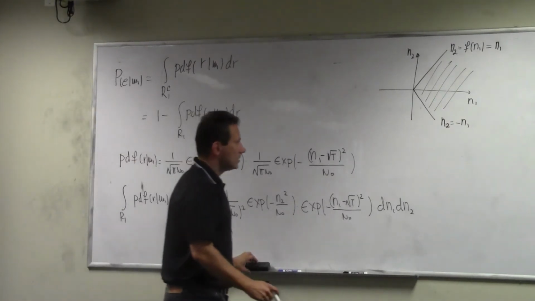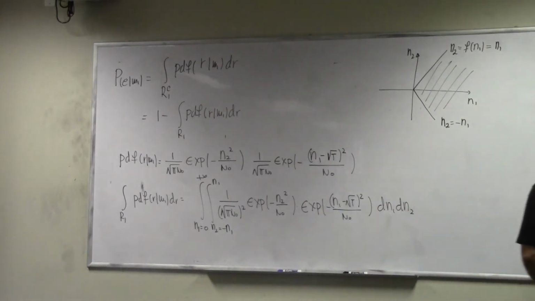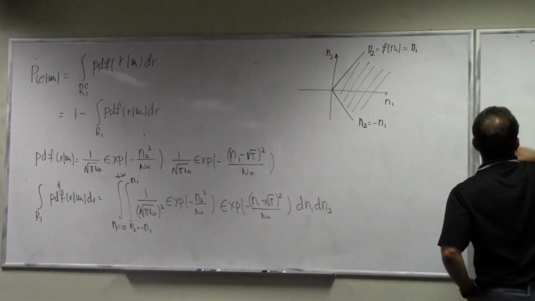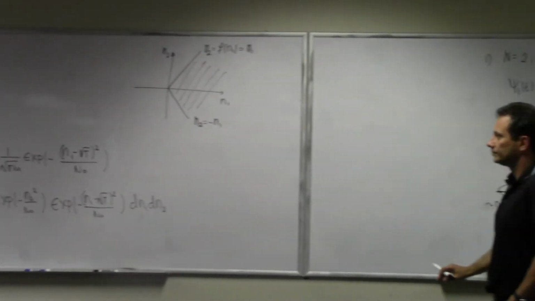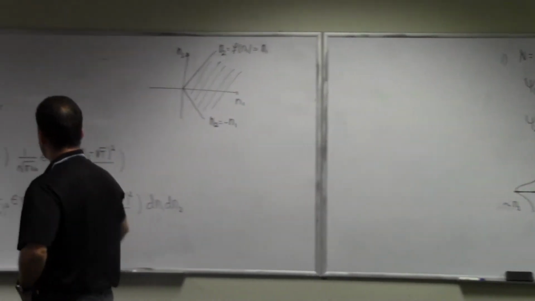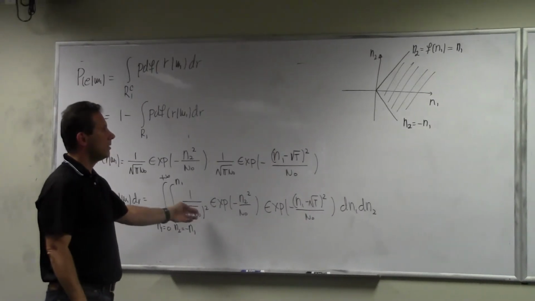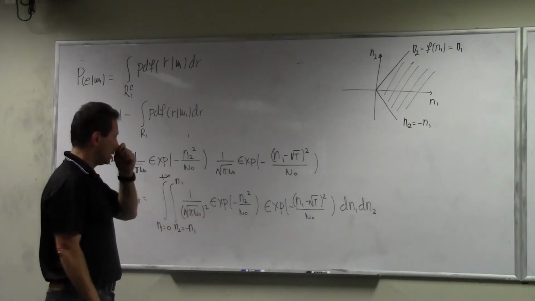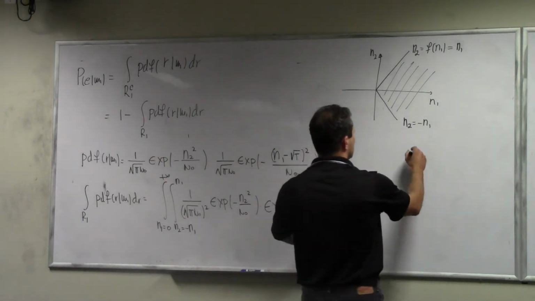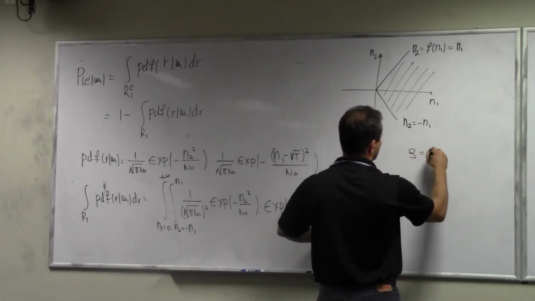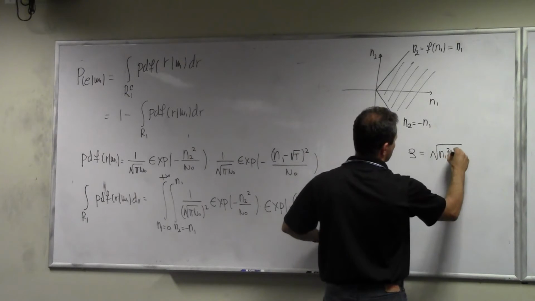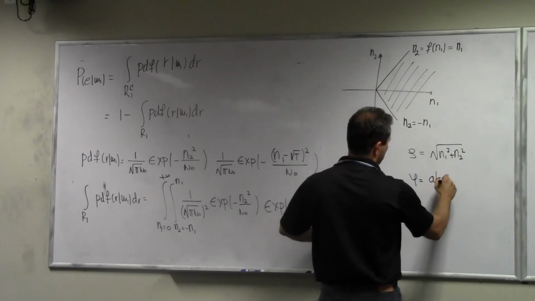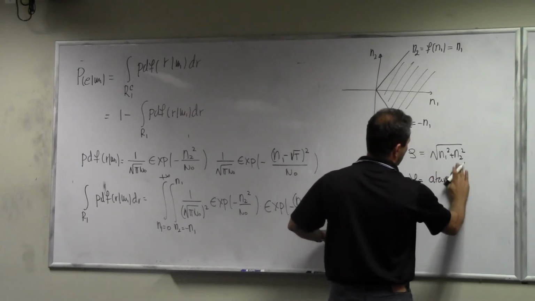All right, so now it's a matter of how skillful you are in these integrals. This is a little bit of a whiteboard problem. If I were to do this, I'd probably move this into polar coordinates. That would mean introducing the substitution rho equal to square root of n1 squared plus n2 squared, and phi equal to arctangent of n2 over n1.